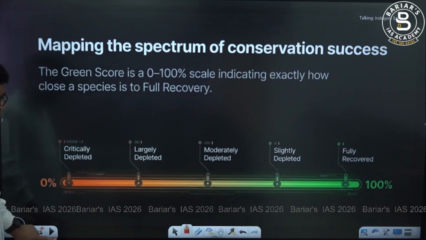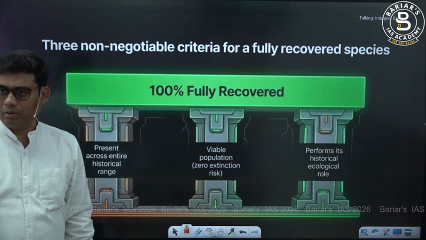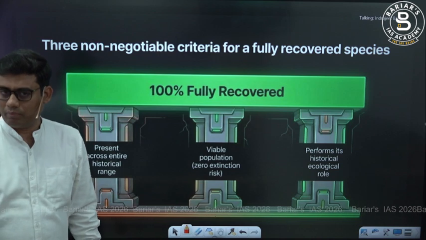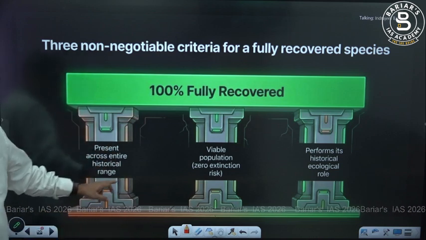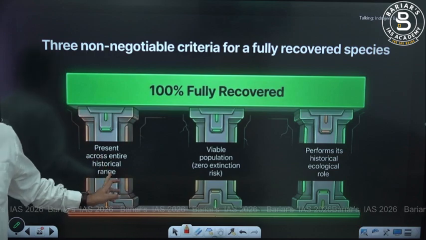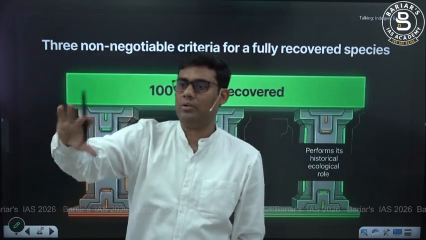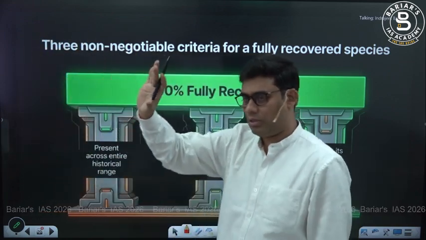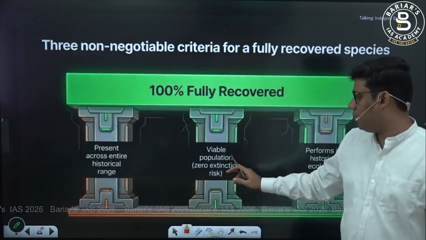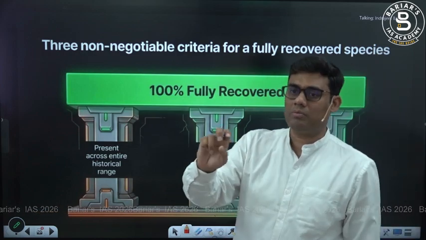Now, with respect to fully recovered, what are the conditions? There are 3 conditions that are taken to announce a full recovery. First, the species is present across its entire historical range, in every country, in every region. Second, a viable population, where the extinction risk now becomes 0.